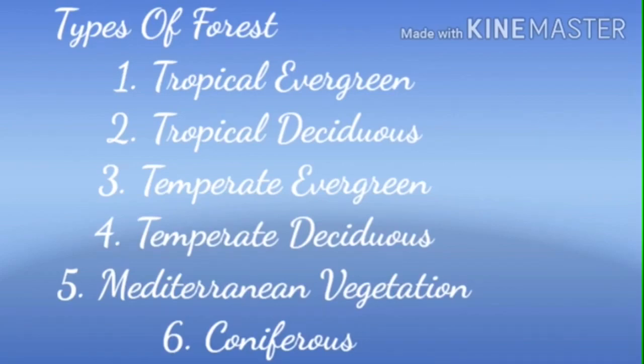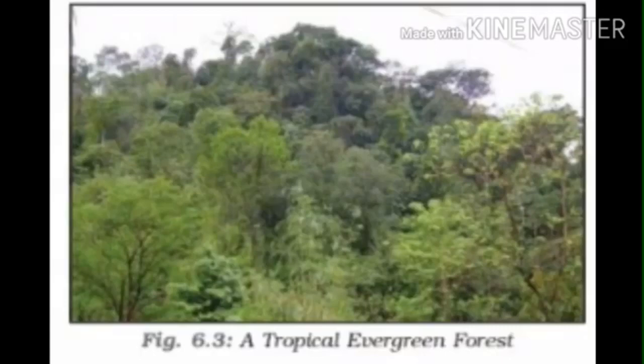Okay students, at first we will discuss tropical evergreen forest. What is the other name of tropical evergreen forest? Tropical rainforest is also called tropical evergreen forest. These types of forests require a hot climate and abundant rainfall almost throughout the year.